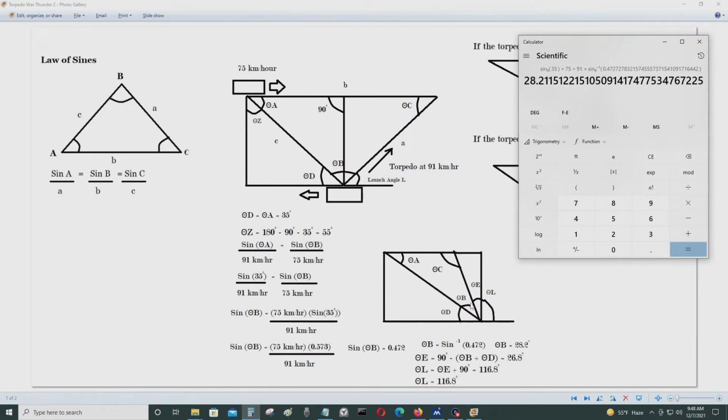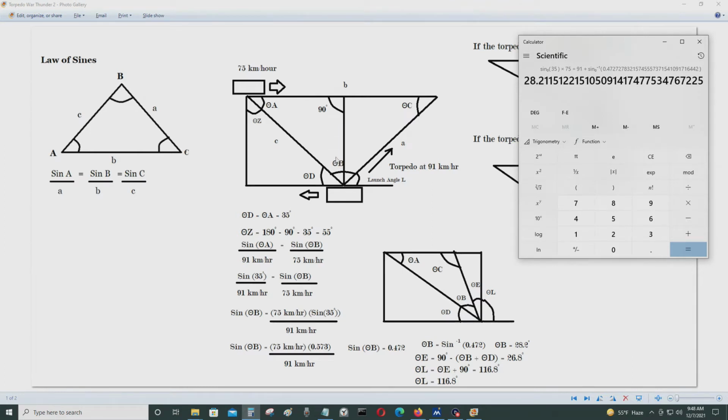So theta D is here, right? So we're trying to find the angle of theta. Notice how this triangle does not look like this one. It's more like this, isn't it?